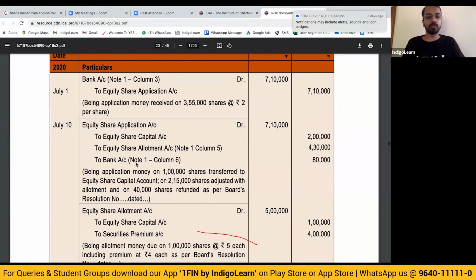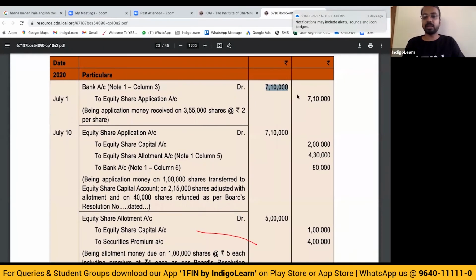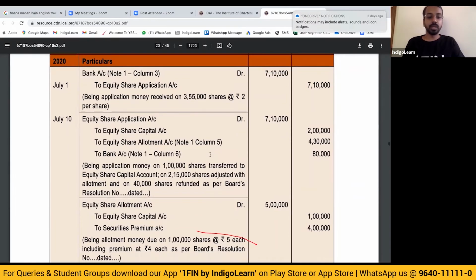Now, first thing that you have to do is, once you have passed this 7,10,000 and 7,10,000, don't try to do this combined entry, because sometimes when you try to do this combined entry, you may get confused. So first try to break it.